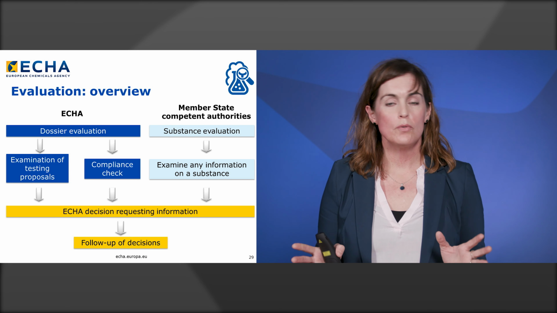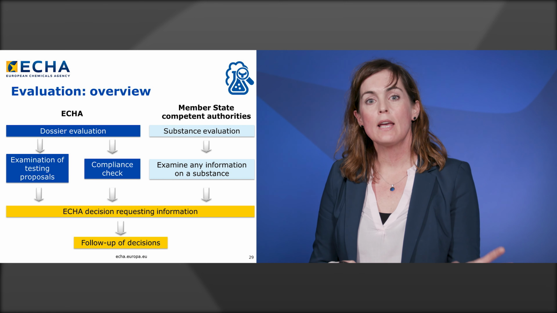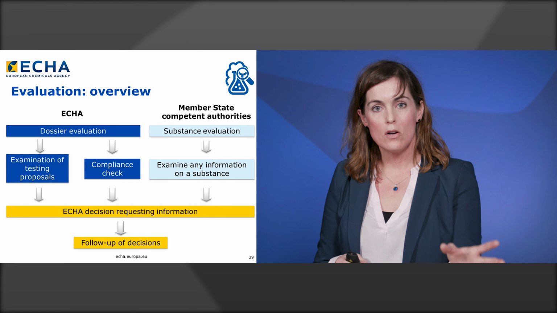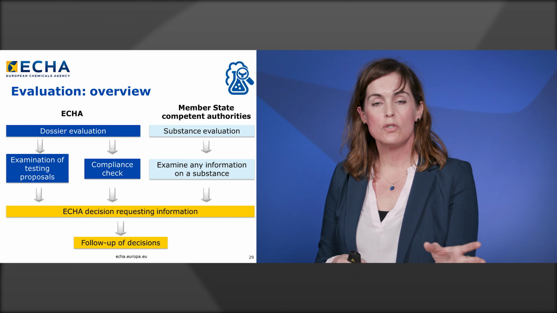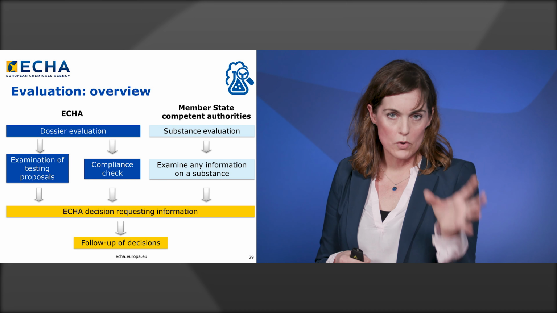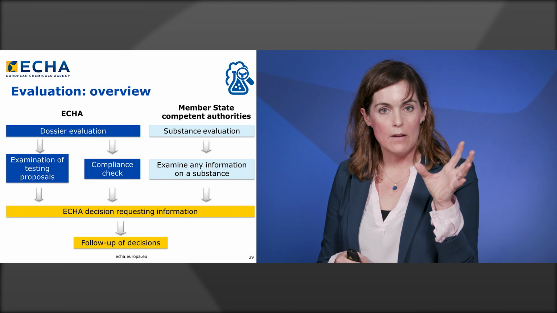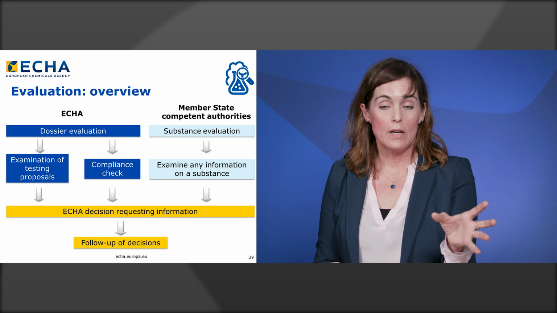And this is done in 2 different processes. We have the one that we here in ECHA do, and that is the dossier compliance, where we look into dossiers that have been submitted to ensure that the data in there is of good quality, and also that the information that has been submitted corresponds to the legal text.